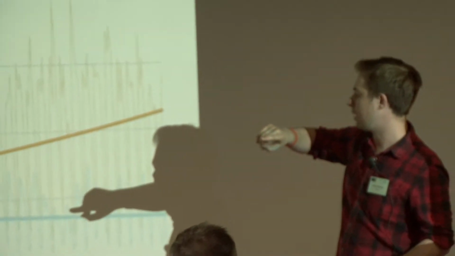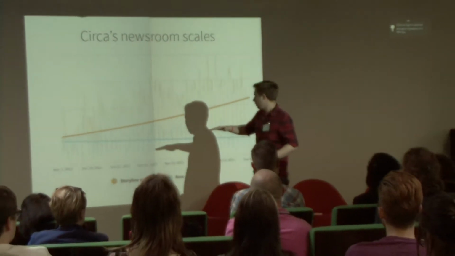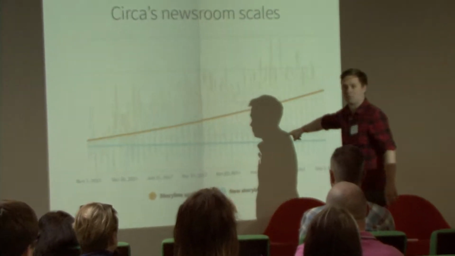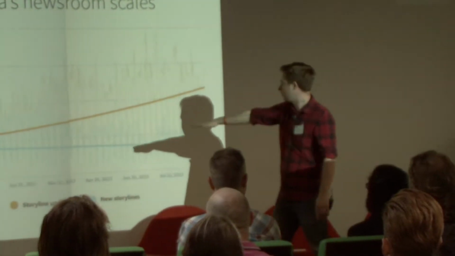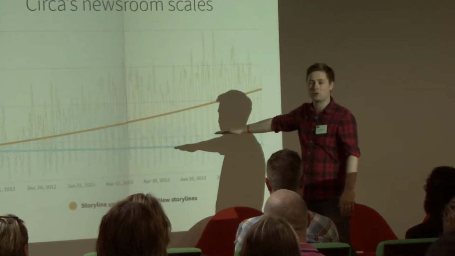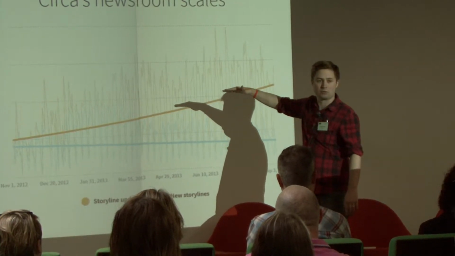So in a standard newsroom, if your amount of journalists stays the same, your content output stays the same. Because you're creating new stories, you have a flat amount of content. If you want to increase the amount of stories, you have to double the amount of journalists you have.